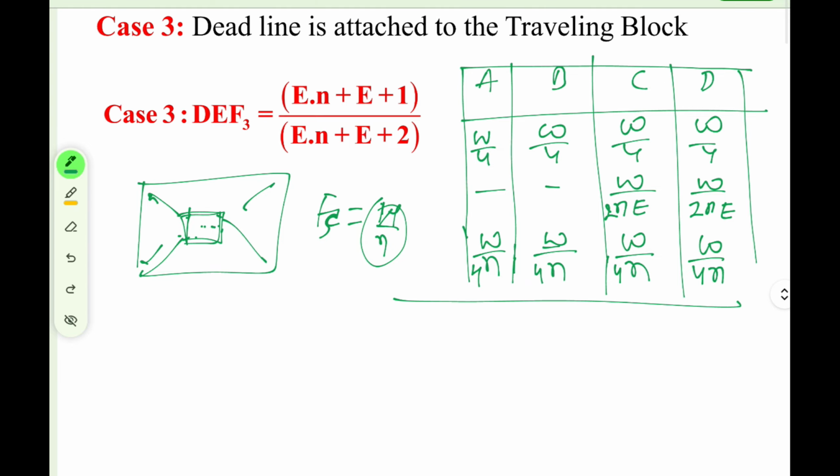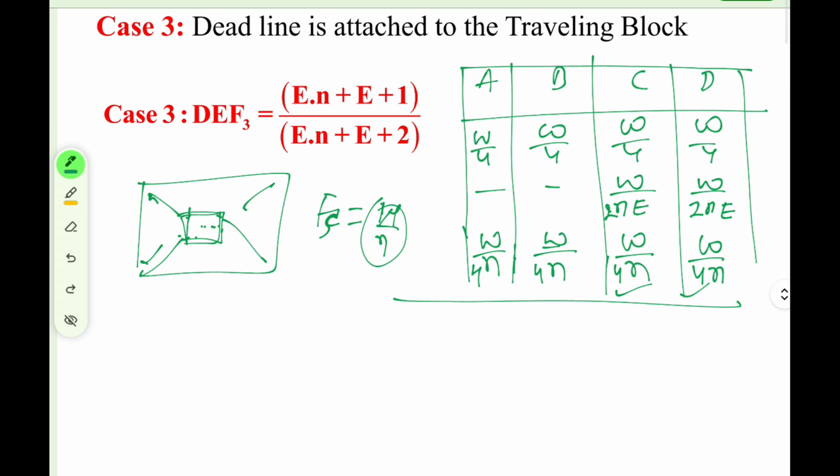So this is the load. Now we have to sum these loads. Now we can clearly see that either C or D is experiencing the maximum load. So C and D experience the same load.